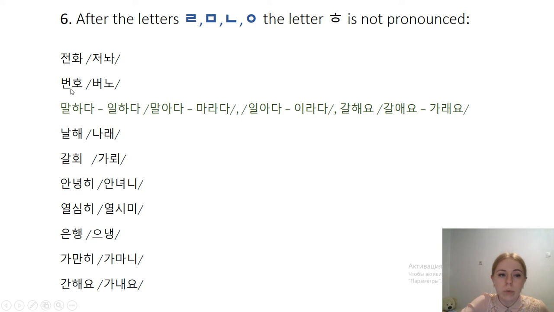N is also moving to the next syllable, to o. So we put n instead of h in this syllable, but only in our transcription. We don't read it, we don't write it like here. It's only the transcription.